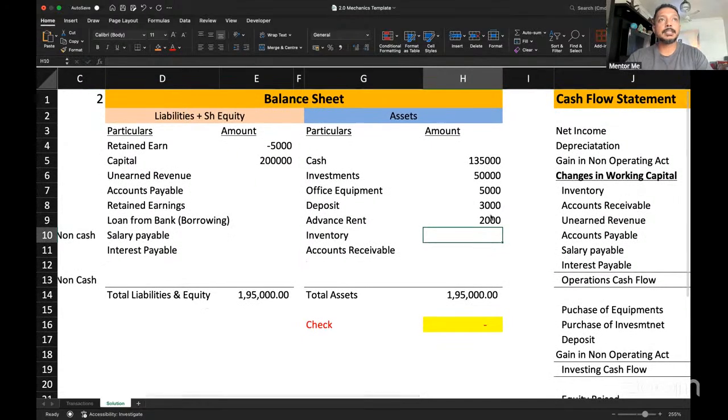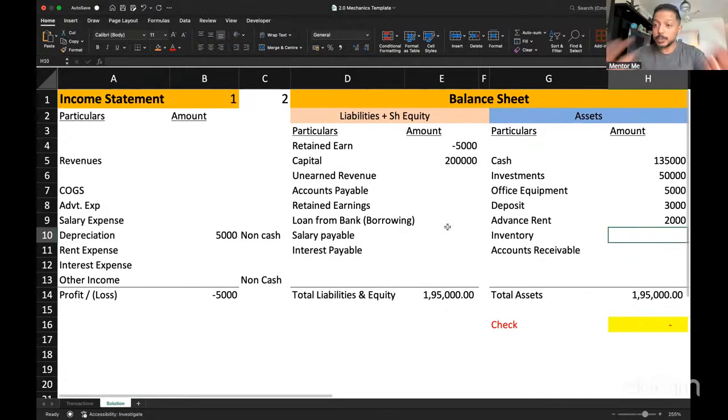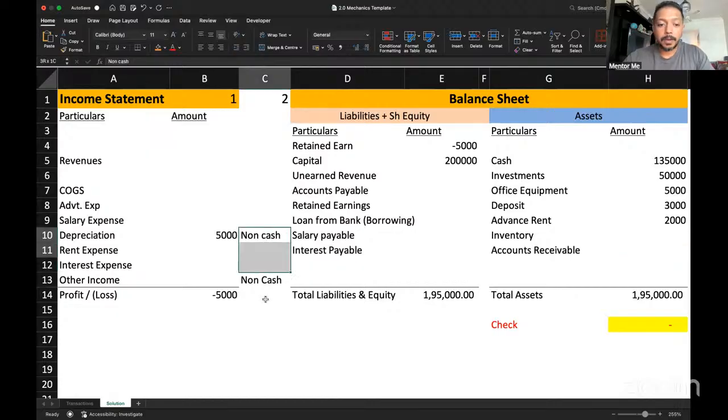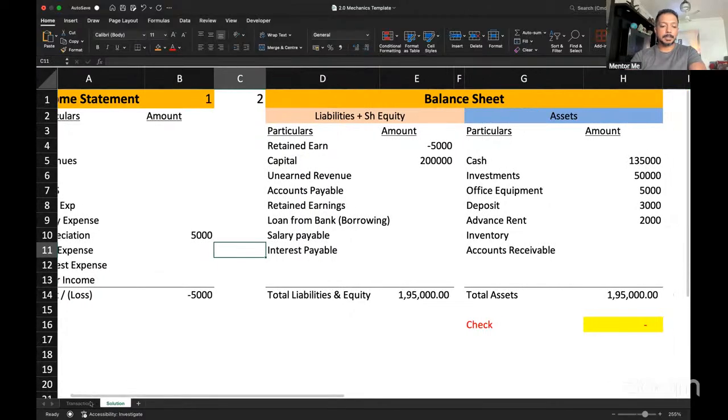2,000 as advance rent for this period. In the next period, when we use it, when it is no more advance, it will come as an expense out here in the form of current year rent expense. Got it? This is just for explanatory purposes.